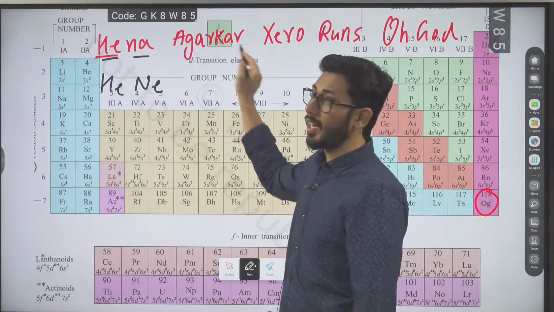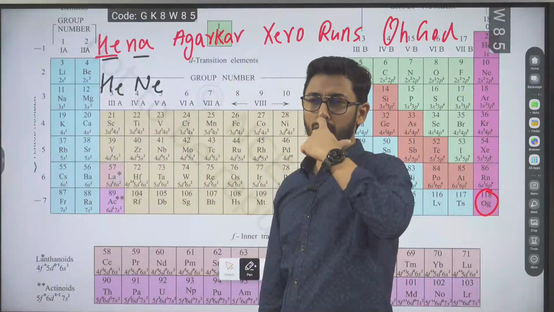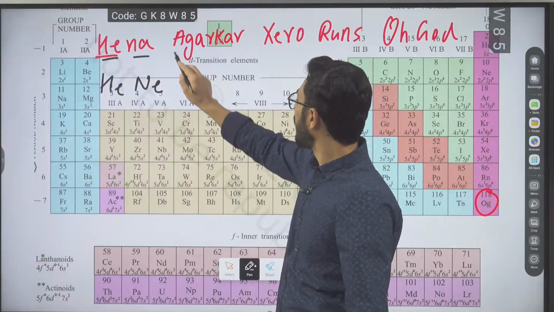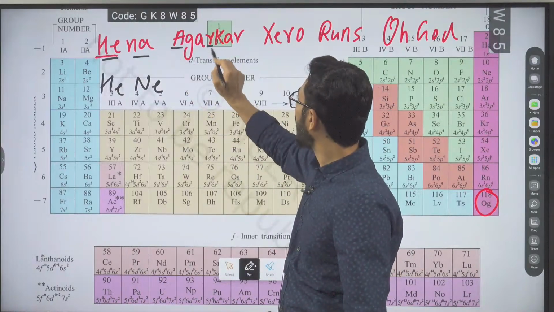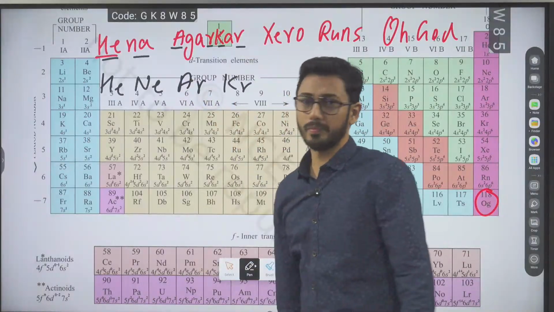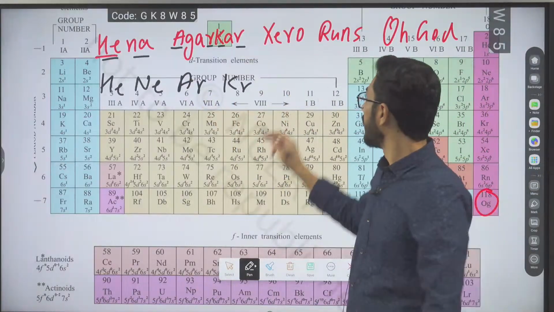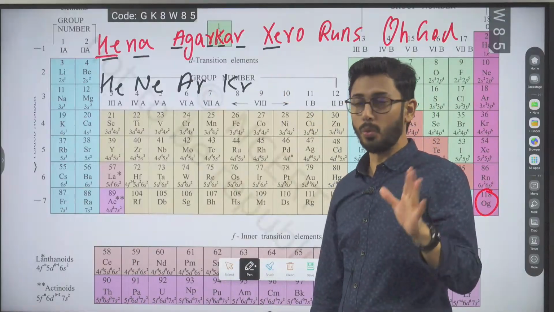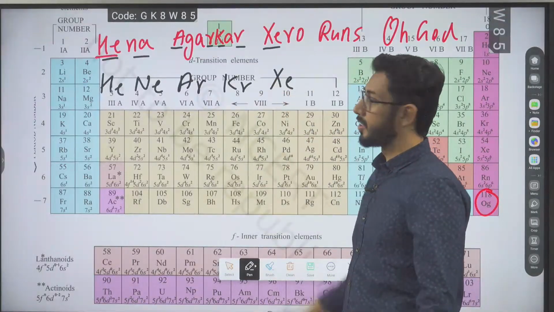Agarkar is a name. If you remember, there was one cricketer, Ajit Agarkar, or maybe any other name which you remember. So here you will say Ar and Kr: argon and krypton. Hina Agarkar, how many runs did they score? 0. That's the sad thing.